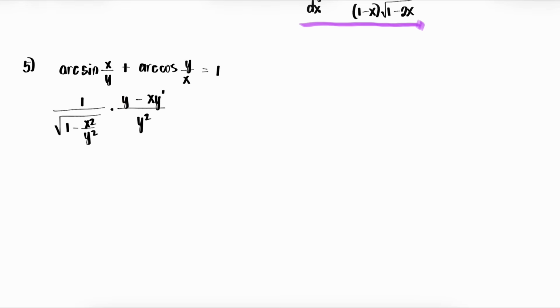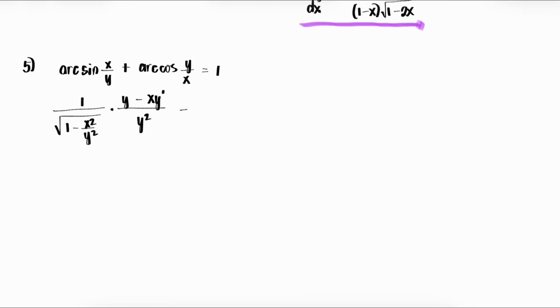Denominator is y, multiplied by the derivative of the numerator, which is x, so the derivative is 1, and then copy the numerator, multiplied by the derivative of the denominator. Okay, and then for our cosine, it's a minus.